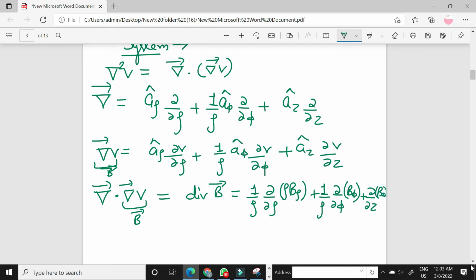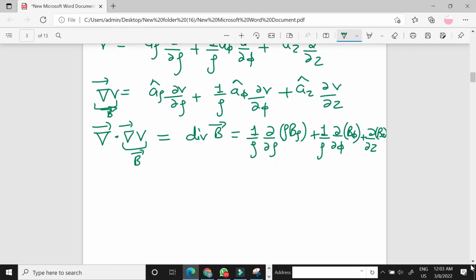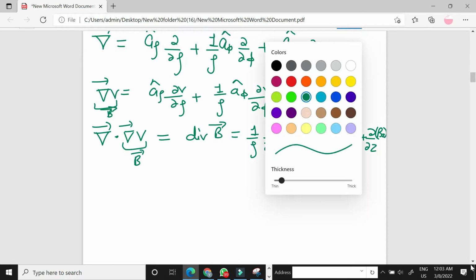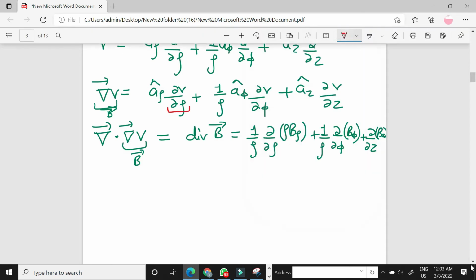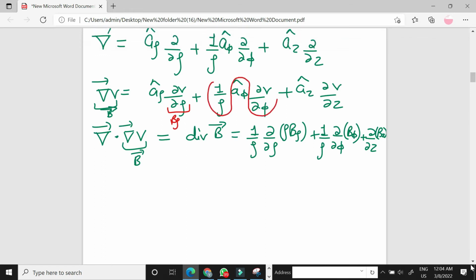This is the formula of divergence. So if this is B vector, then this is the value of B rho, this is the value of B phi, and this is the value of Bz.